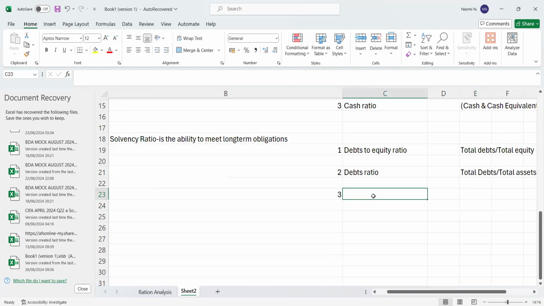So number 3, we will talk about the interest coverage ratio.